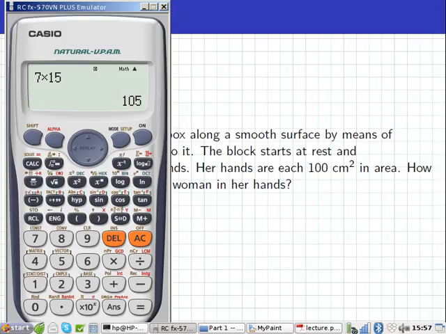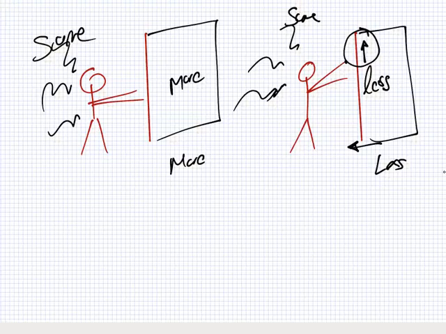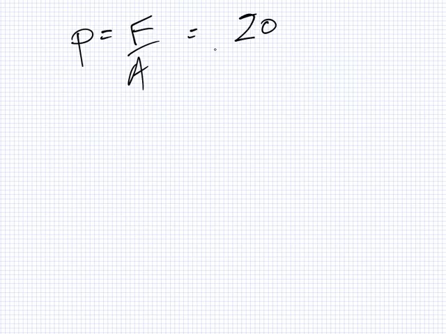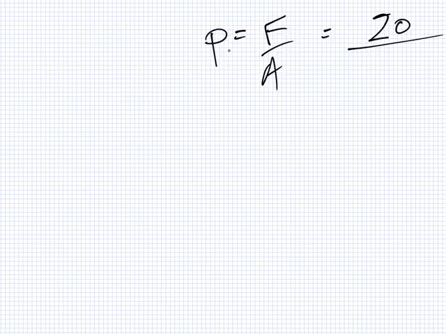Right, so let's calculate the pressure here. What's the formula? Pressure is force over area, and the force is, was it 20 newtons? And the area is 0.1. No, not 0.1. We have to change the square too.